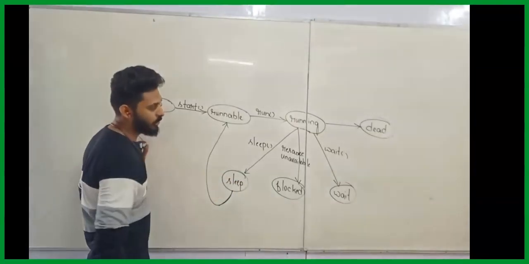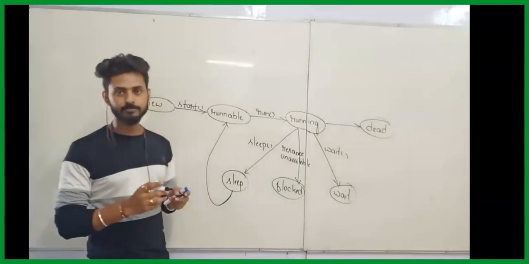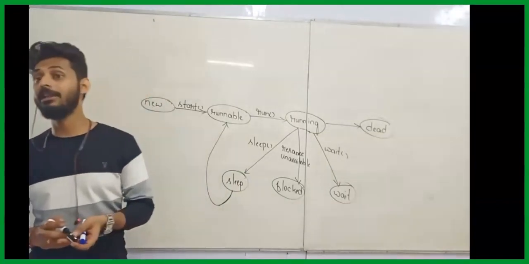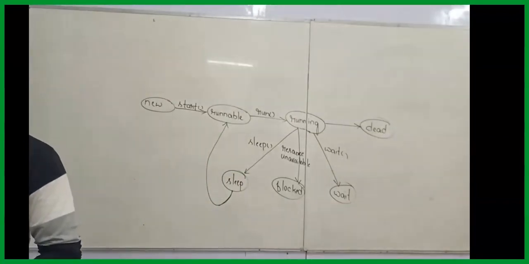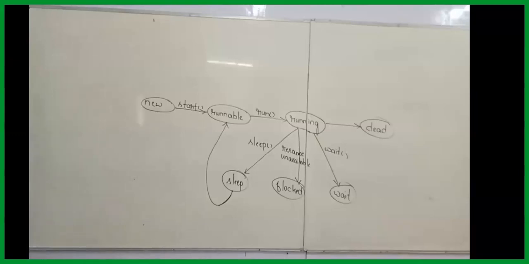Now, when will it come out of block state? I'm not asking from block state where it will go. When will it come out of block state? Check when it went to block state, you check first. When did it go to block state? When the resource was unavailable. Then when will it come out of block state? Whenever the resource becomes available.